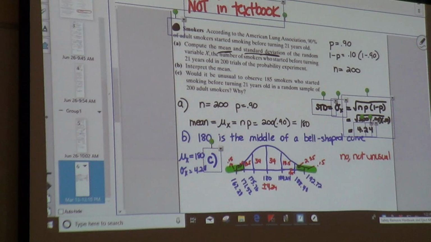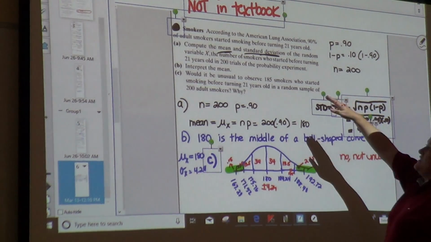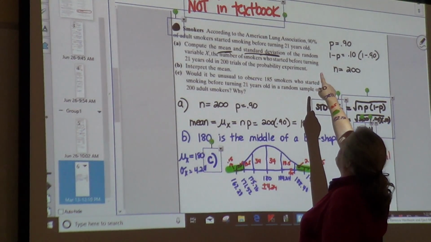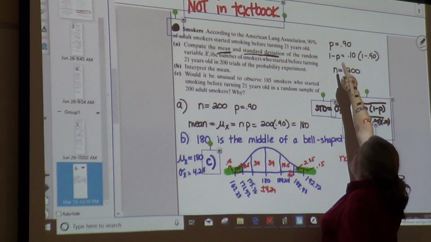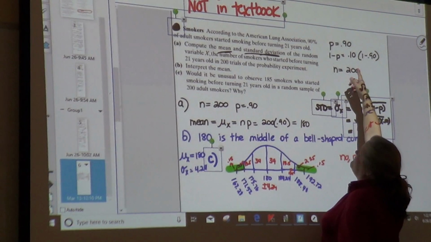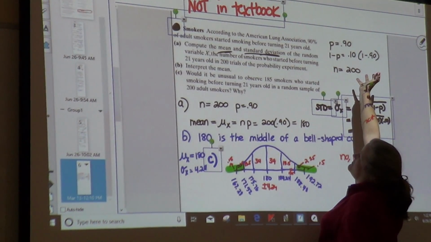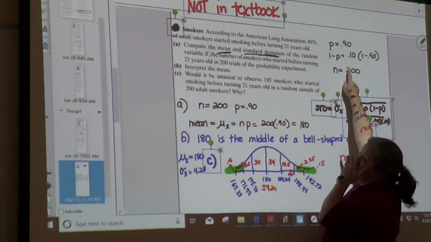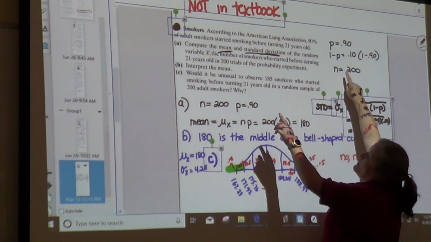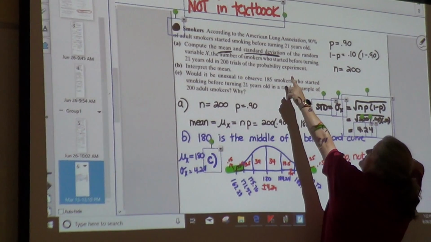All right, this problem says compute the mean and standard deviation. American Lung Association, 90%. So 90 is my P, so if 90% are successful, then 10% is going to be my failure. Compute the mean and standard deviation.